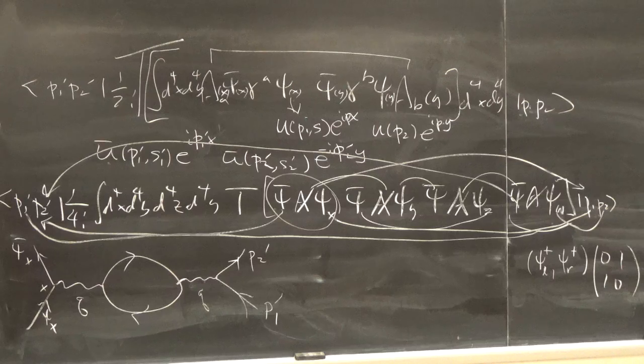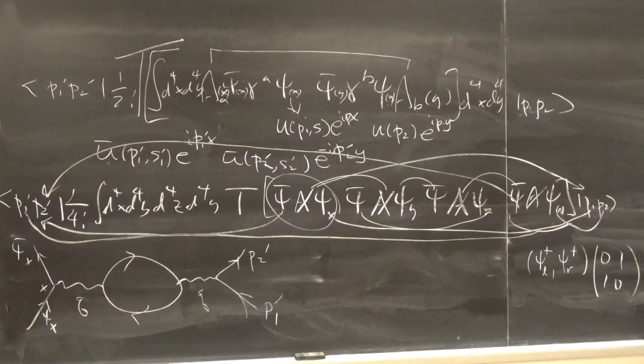And so what do we have here? Well, this structure here is Lorentz invariant, in that this goes as a 4-vector and this goes as a 4-vector.